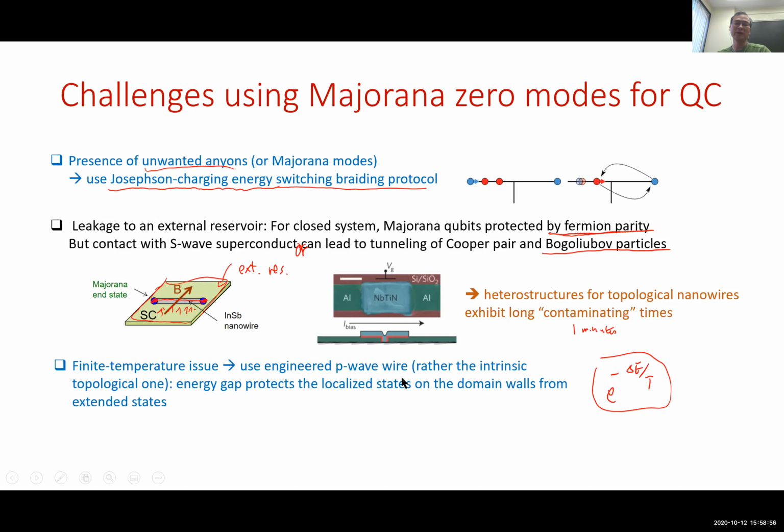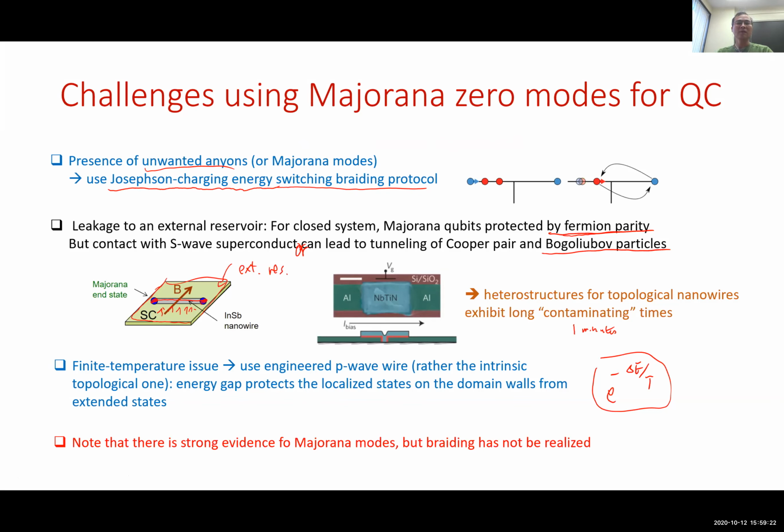This is where using the Kitaev chain setup is better than using the intrinsic p-waves, the vortices, because the energy gap can be engineered and it can protect the localized states on these zero modes.